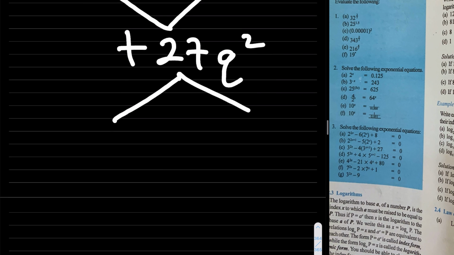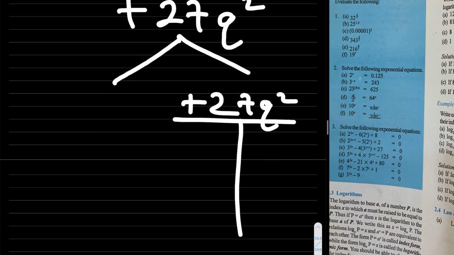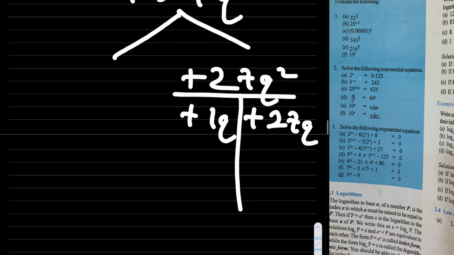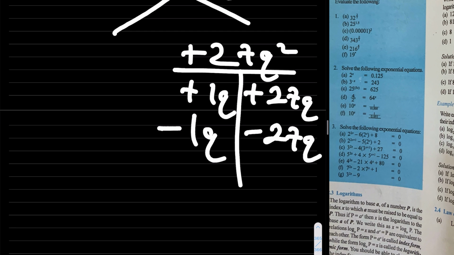Just think of the factors of 27. It can be plus 1q times plus 27q, but that will not give us minus 12q when we add. It could also be minus 1q times minus 27q, but that will not give us minus 12.